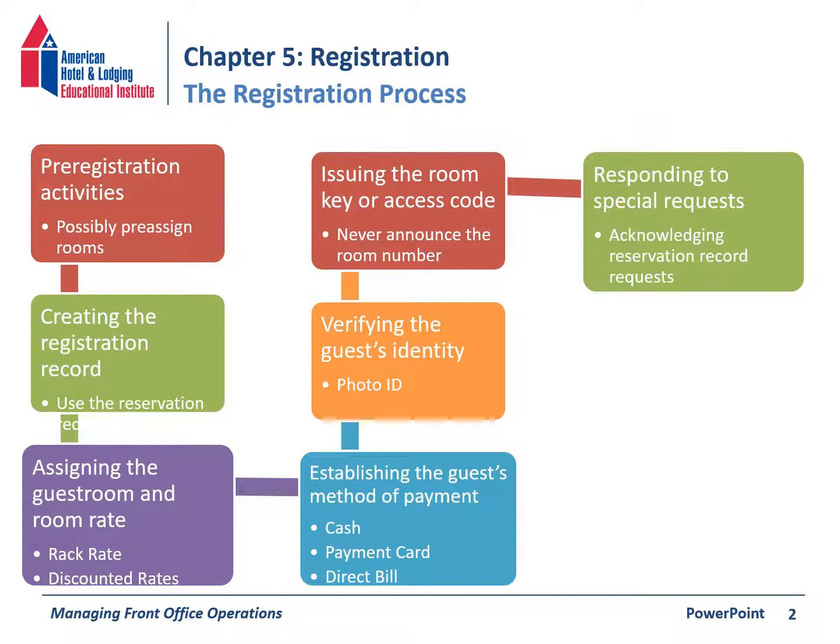We also want to look at assigning the guest room and the room rate. Okay, we have a variety of different rates. We want to make sure that the rate we are charging for that room is the appropriate rate. Okay, what types of rates do we have? We have military, AARP, government rates, corporate rates.